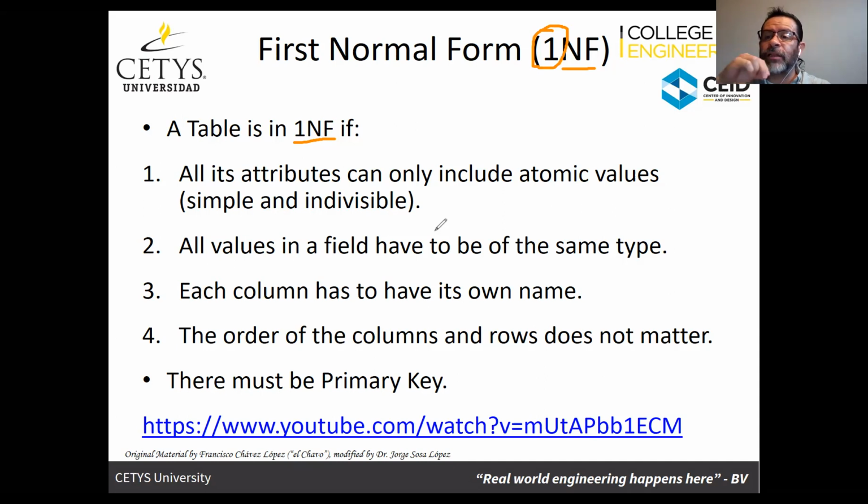That means these are values that are simple and indivisible. Anything stored in any of the fields for a specific record is a value that I'm not going to be able to separate into two, three, or more different values. Let's go back over here to the employee table that we had.